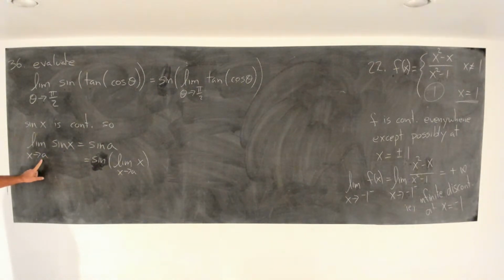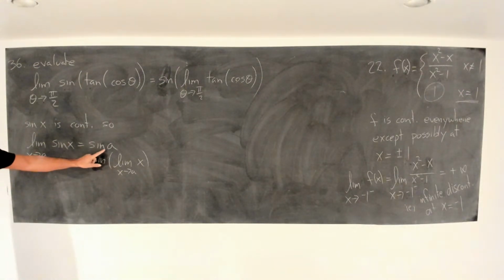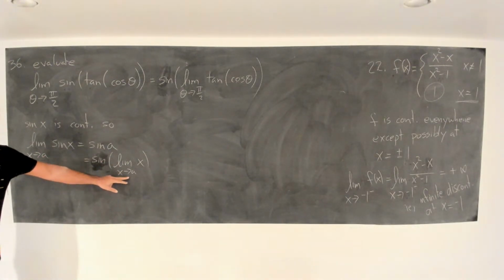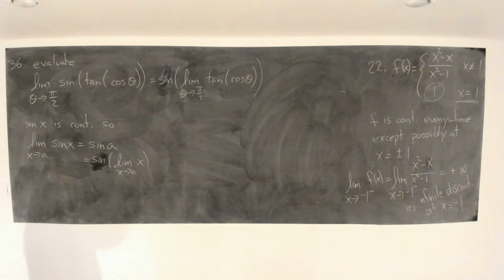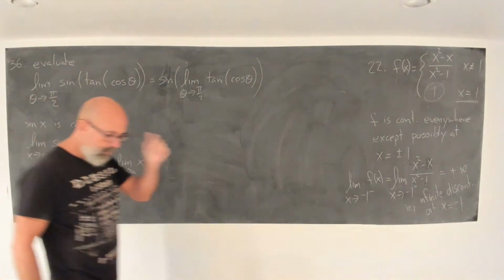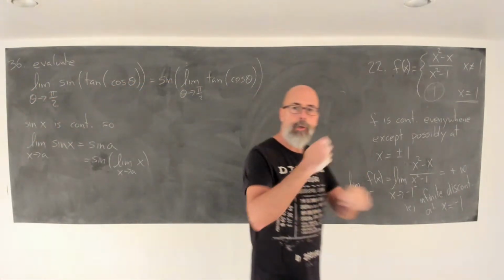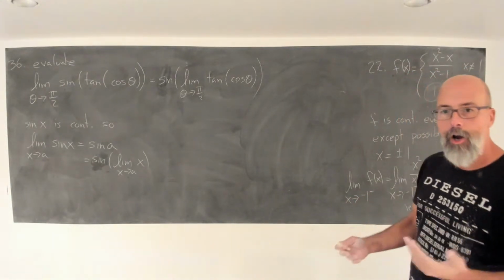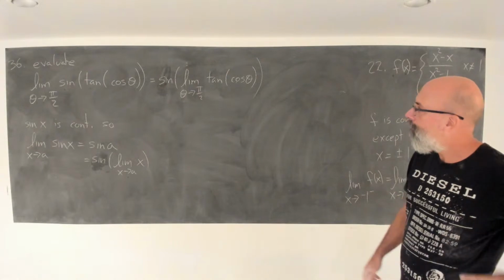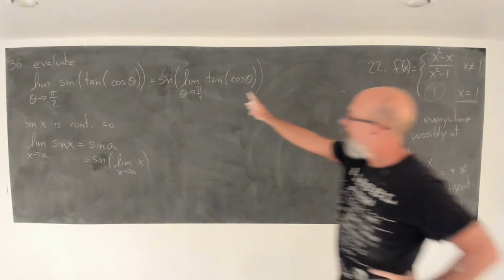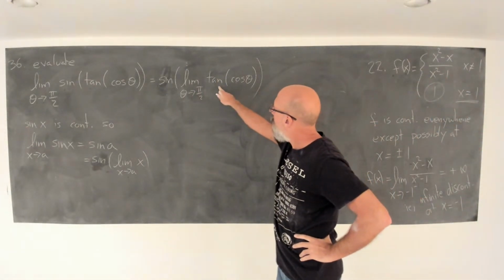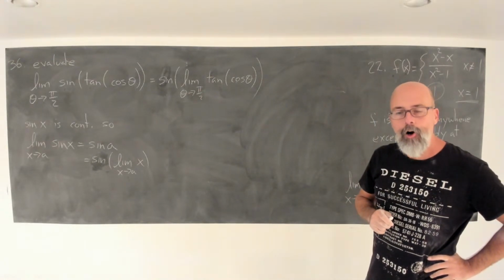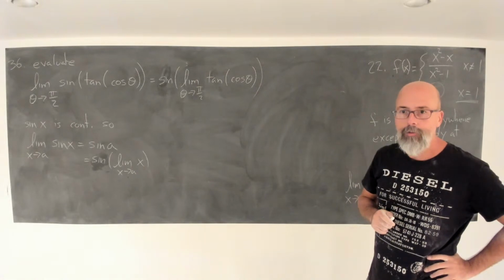Limit as x goes to a of sine x is sine a, which can be thought of as sine of the limit. So it's exactly because of continuity that you can bring the limit in. And you cannot bring it in otherwise. And similarly, tangent is continuous everywhere except at odd multiples of pi over 2.